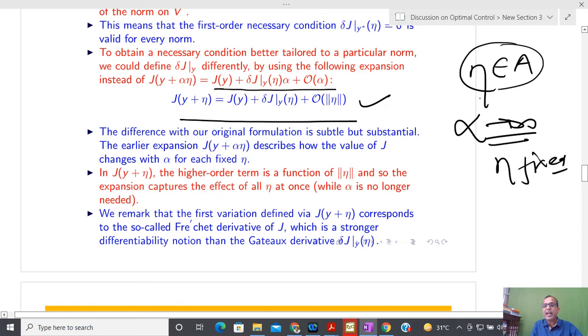But in this case, I am varying eta over all of A. Due to that reason, this requires a stronger differentiability condition than the Gateaux derivative. It is possible to show that when the Frechet derivative exists, then the Gateaux derivative will already exist. So this is a stronger condition than the Gateaux derivative, and we are going to use this kind of condition when we are getting problems with the Gateaux derivative.